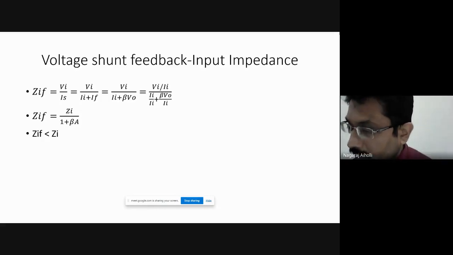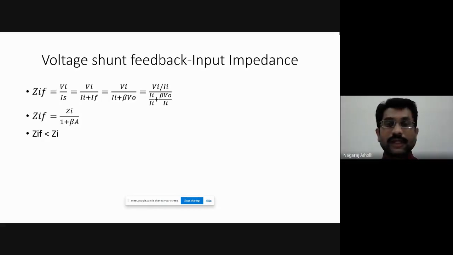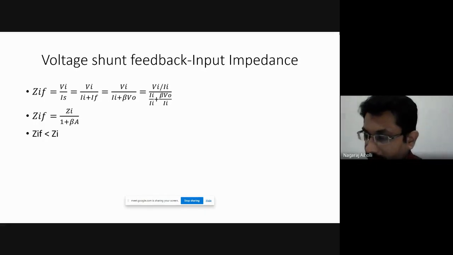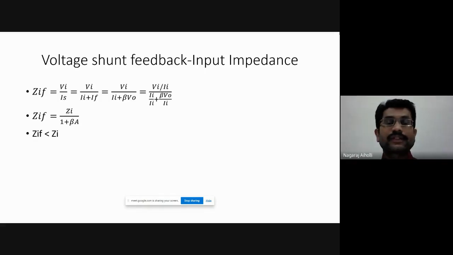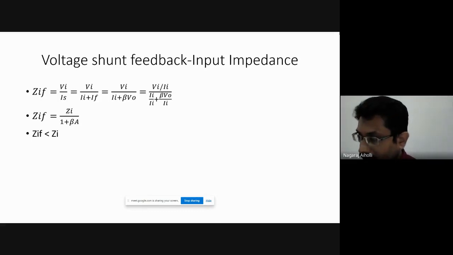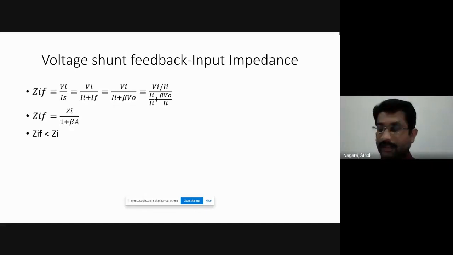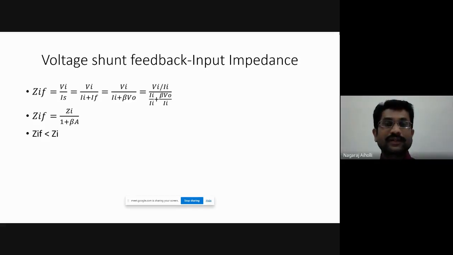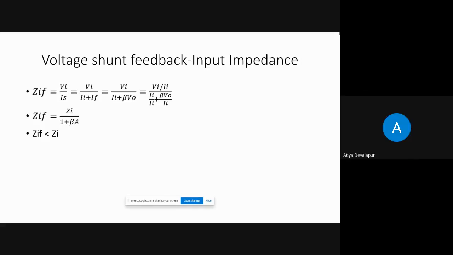Shubham? Yes, sir. Any doubts here? Anything not understood, Shubham? No, sir. Clear, sir. Okay, good. Shraddha? Okay. Atiya? Yes, sir. Is it clear, Atiya, today's derivations and example? Yes, sir. Okay, fine.